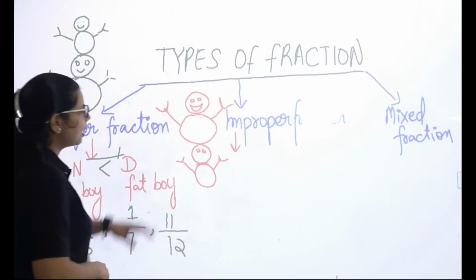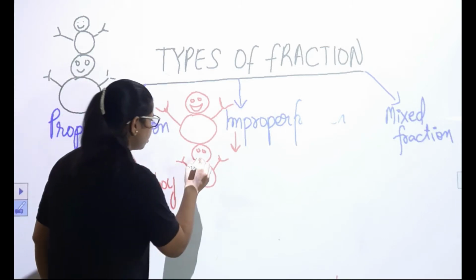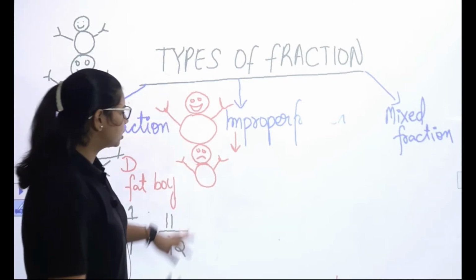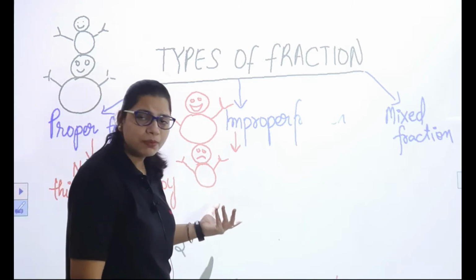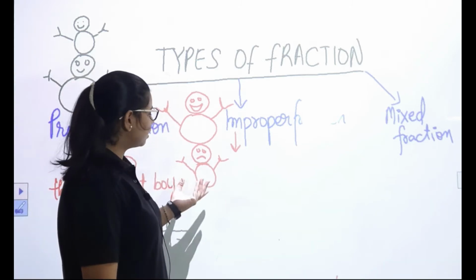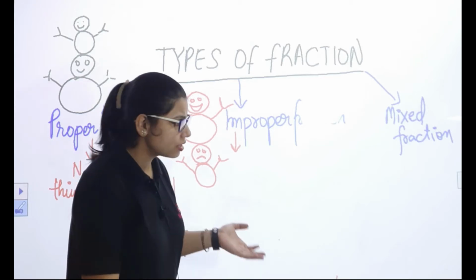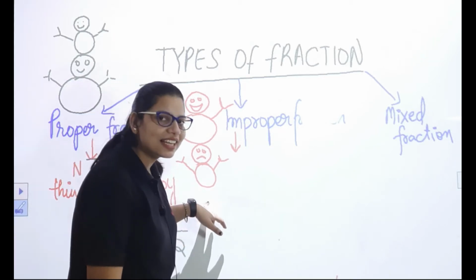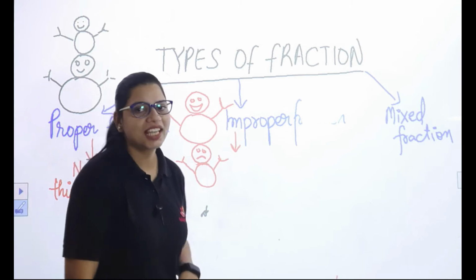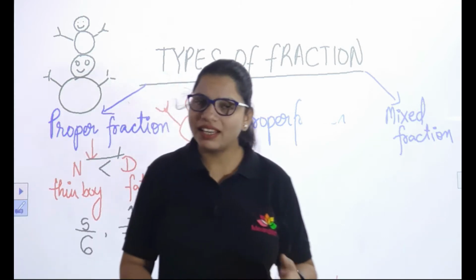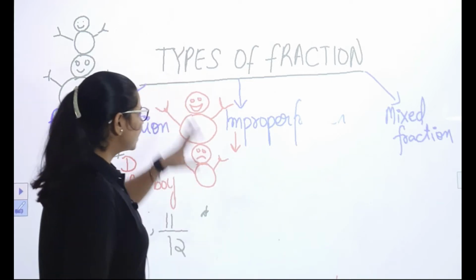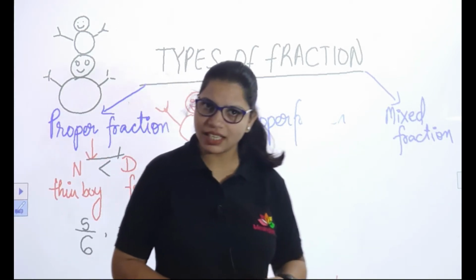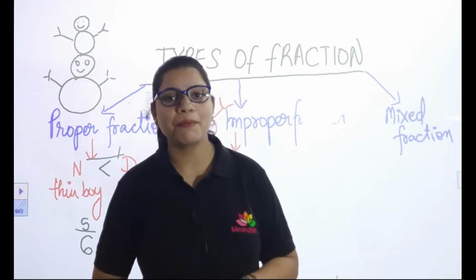It's crying. So is it possible? The thin boy is going to be squeezed. So this type of combination is improper, right? The thin one can't hold the fat one. So this type of fractions, they all will be improper fractions.